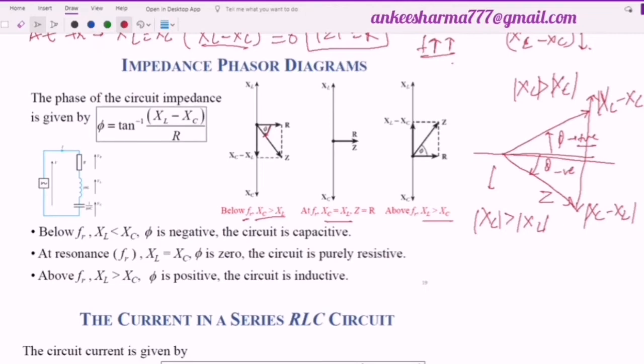So with the help of this phasor diagram or this phi, if it is negative, we will simply say it is a capacitive circuit. If this phi is positive, we will say it is inductive, right? And if it is 0, then we will say it is purely resistive. So from here also we can conclude the same thing.